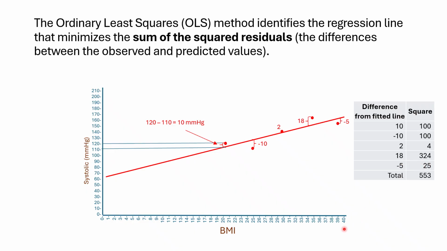And for the person with BMI 40, we have the observed value 5 millimeters below that of predicted, and we square it to get the value 25. And then we add all of these up and we get the value 553.